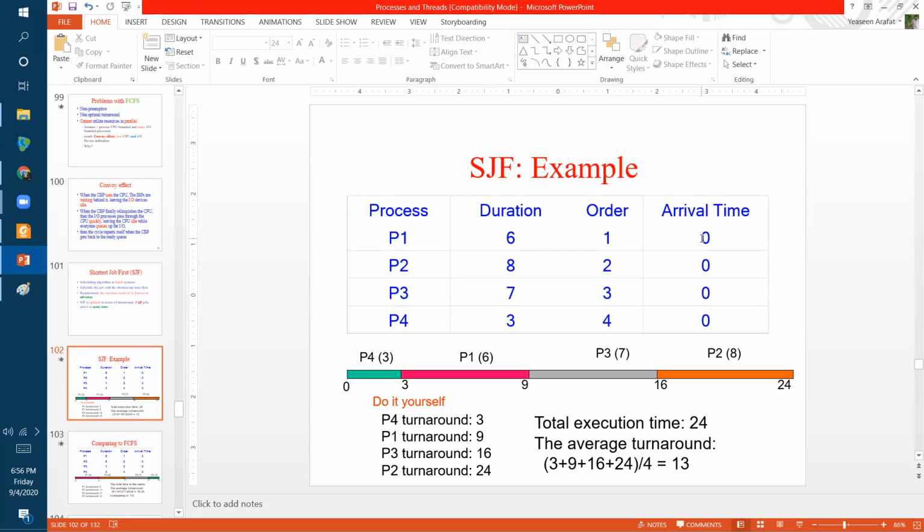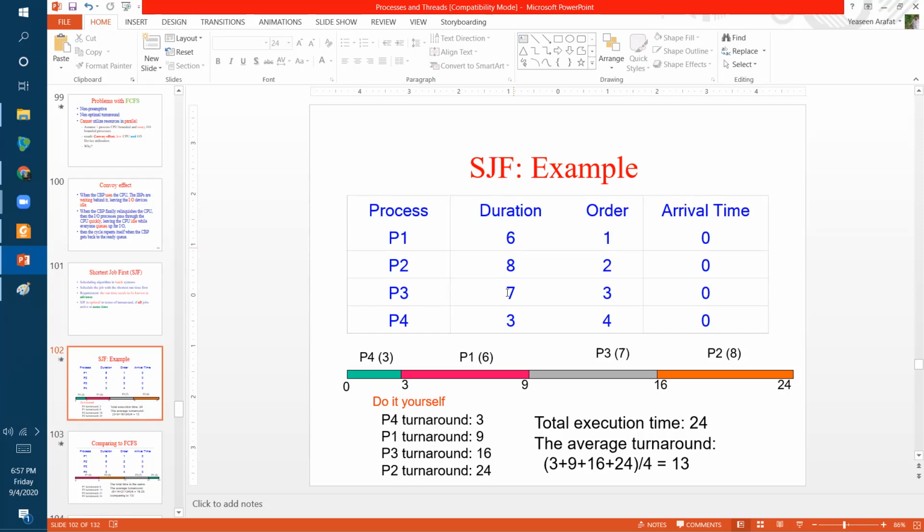We can permute them in order 1, 2, 3, 4 or any order, but we go by shortest duration time. So here comes the fun part. Which one has the shortest duration time? The answer is P4.